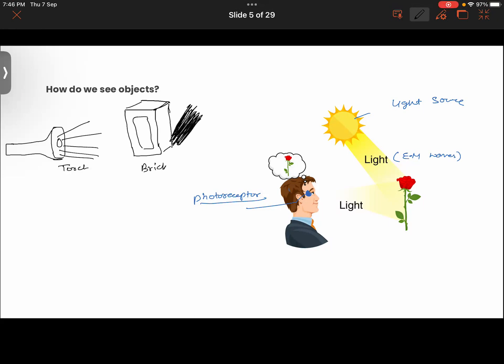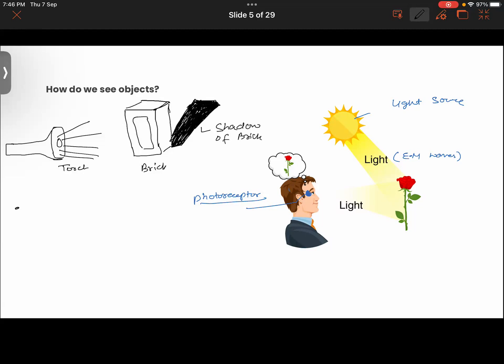So what do you see here? The pathway of the light is being blocked by an object here. Yes, this object is blocking the pathway of the light. So a shadow will be formed whenever light is blocked by an object.